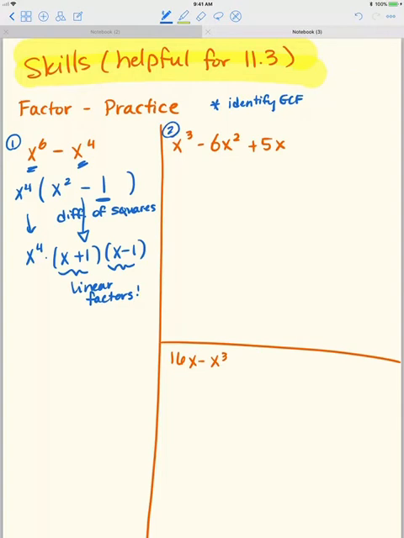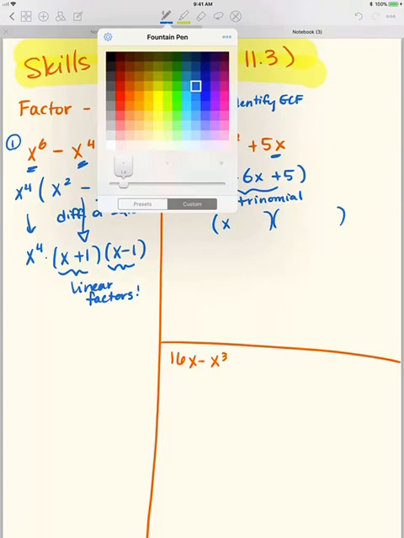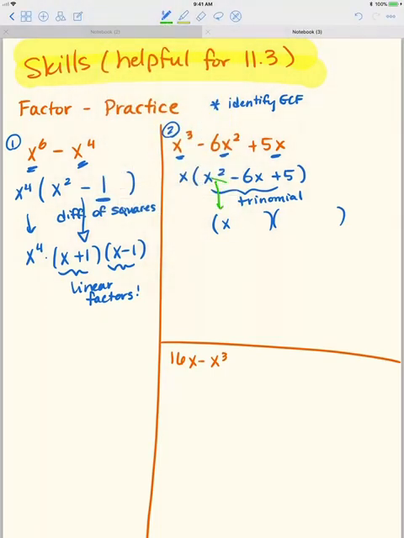And for the second one here, there are 3 terms, but they all have an x in them. So if we factor that out first, we're left with x squared minus 6x plus 5. Now you have a trinomial, the one with 3 terms. So it's best to try to factor that into 2 linear factors. X squared will break apart into x times x.